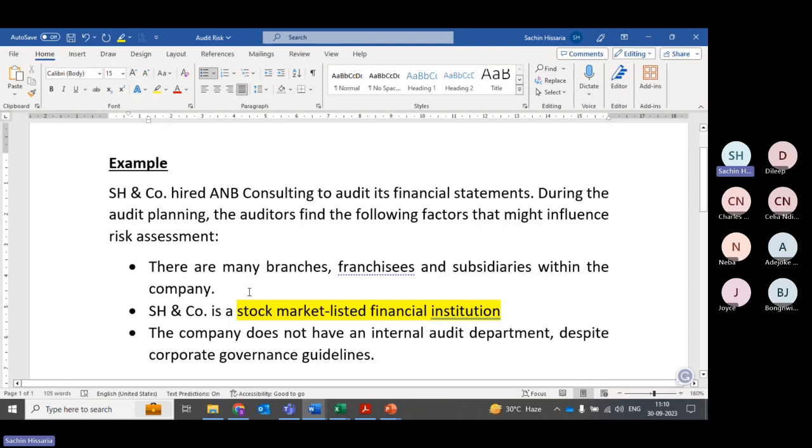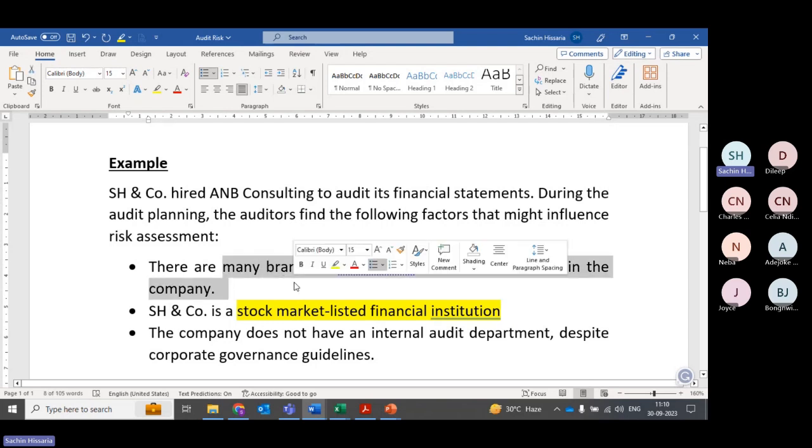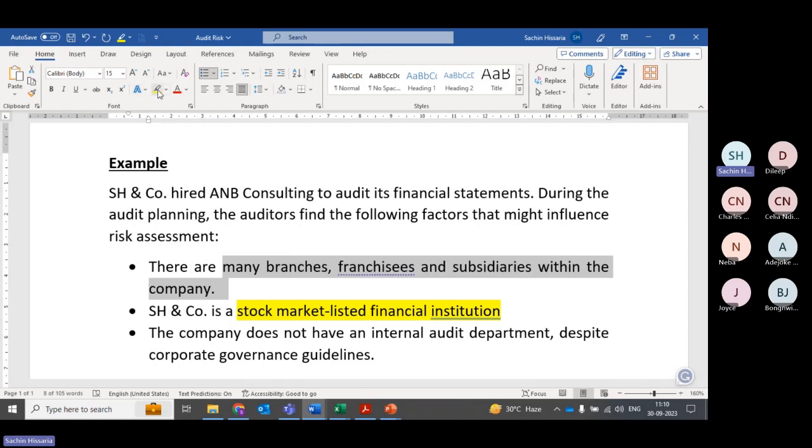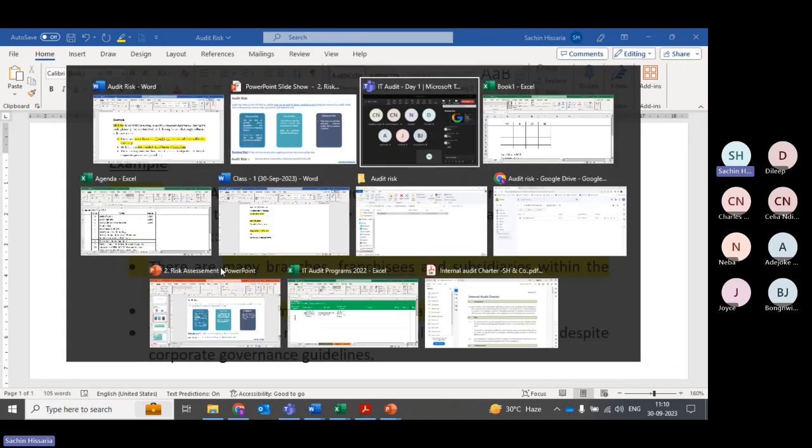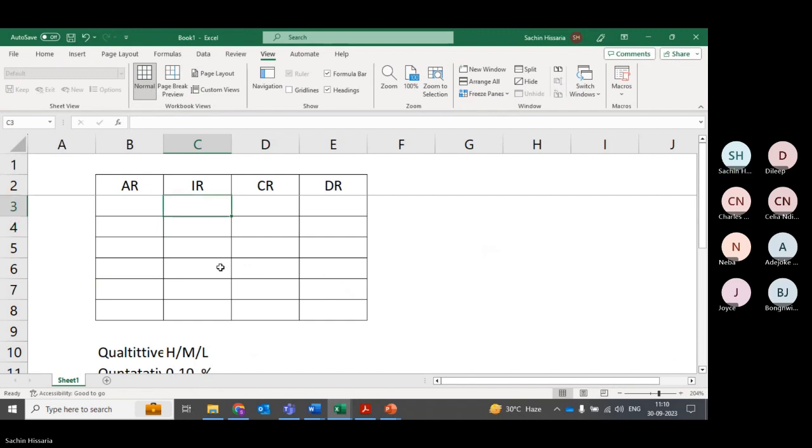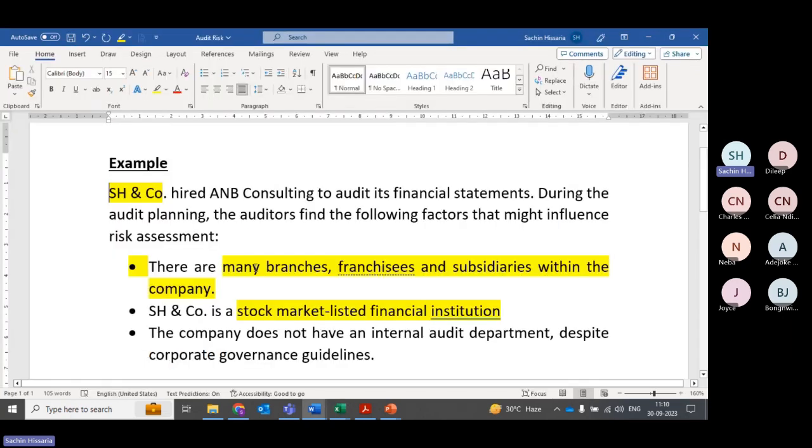There are many things that they need to take care of. Similarly, this company has many branches, franchises and subsidiaries, so this is a complex structure. As an auditor, when I see this structure of SHN company, I feel that inherent risk would be high. To arrive at inherent risk, I am not going into detail on whether controls are implemented or not, or whether there is an internal audit department.